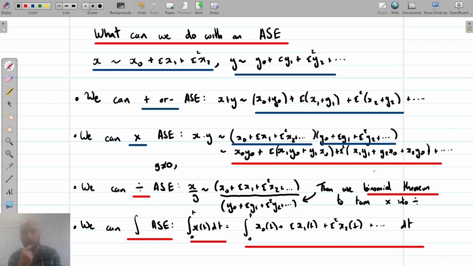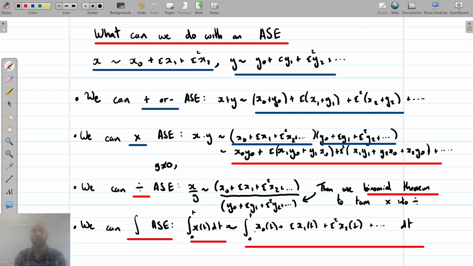And what was the final thing we talked about in that lecture? Well, we said that if I've got an asymptotic series, I can integrate it. So if I want to work out the integral of x of t dt, I can integrate my asymptotic series, and that is also fine. So I shouldn't put equals there, I should put twiddle.